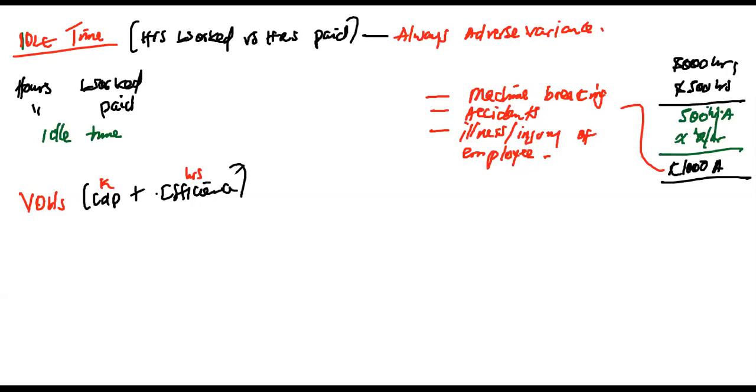So you see the actual hours worked, and how much they should have cost you. The actual hours worked in this question, how many hours did they actually use? The actual hours worked were 8,000 hours. So 8,000 hours should cost how much?